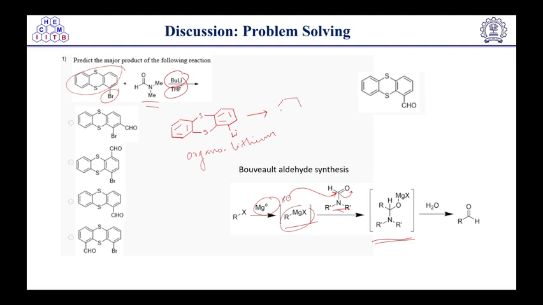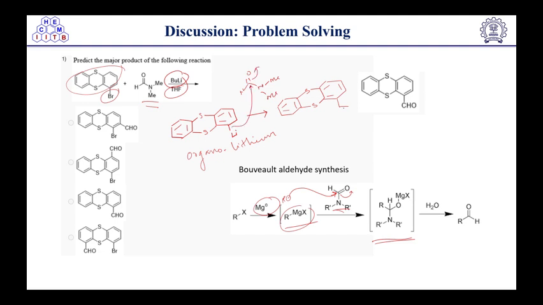Suppose we have this group, and here we have the carbonyl center because this center is going to be attacked. Sorry, this is another reagent, not an intermediate. So this is going to attack here.